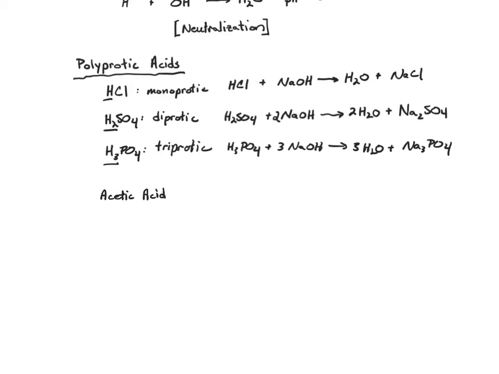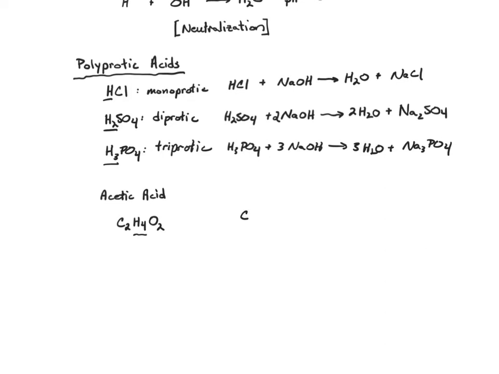In fact, vinegar is about a 3 to 5% solution of acetic acid in water. Now, acetic acid has a chemical formula of C2H4O2. And taking this at face value, we might assume that there are going to be 4 acidic protons. But it turns out that that's not the case.